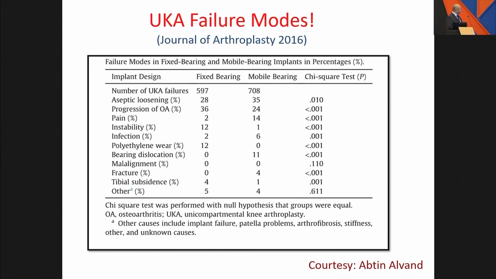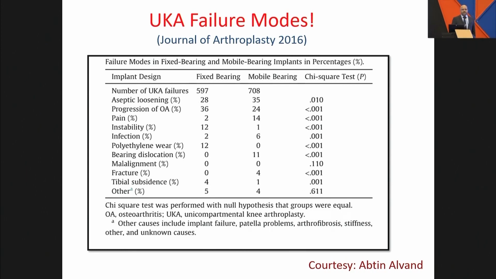And he showed me this paper, and it actually shows the same thing. If you look at the bearing dislocation and poly wear, the bearing dislocation shows 11 cases in the mobile bearing design with no bearing dislocation in the fixed design, which you don't expect anyway. But you have more poly-wear revisions in the fixed bearing design.